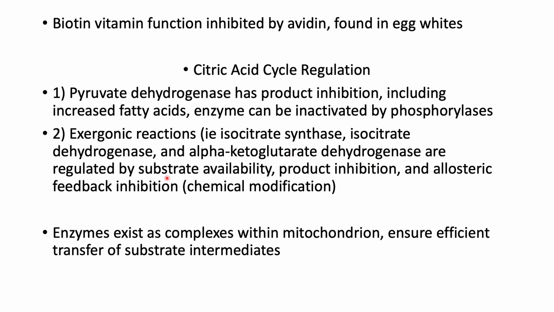These are all regulated by substrate availability, product inhibition, and allosteric feedback inhibition, which is chemical modification. These enzymes exist as complexes within the mitochondria, and they ensure effective and efficient transfer of substrate intermediates. And that's it. Thank you very much.